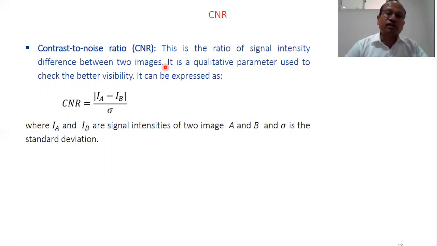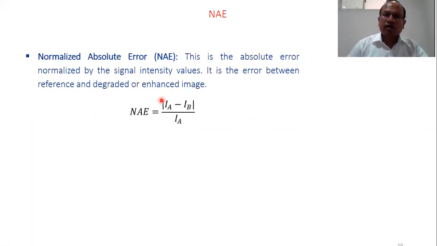If more noise is there, the visibility will be poor, so the noise should be less. This standard deviation can also come from the variance of the noise by random theory concepts. And the CNR also needs to be high for images having better contrast.